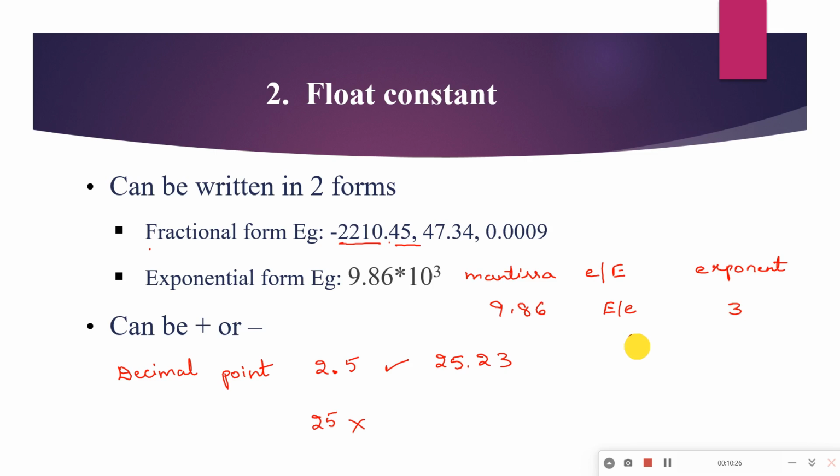So we will together write it as 9.86 into 10 power 3. So here the exponent is 3, and the 10 power part we are going to call the exponent, and this is the mantissa part. Is it clear? I hope it is clear.